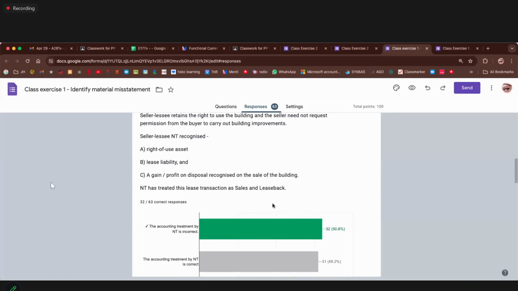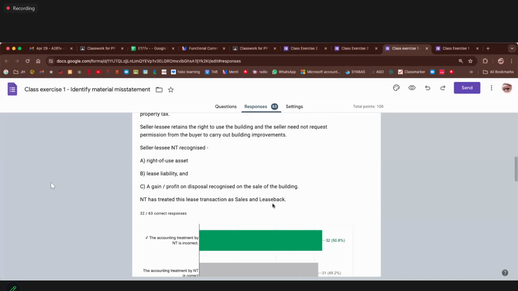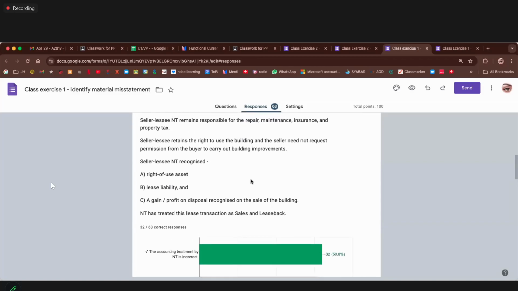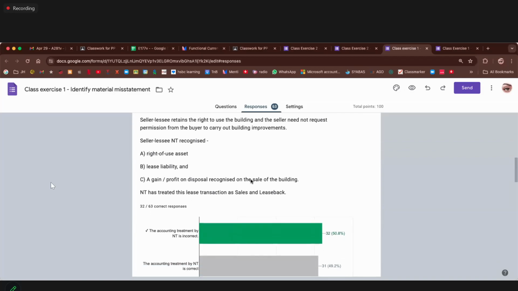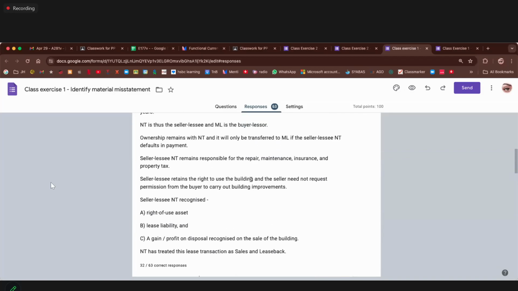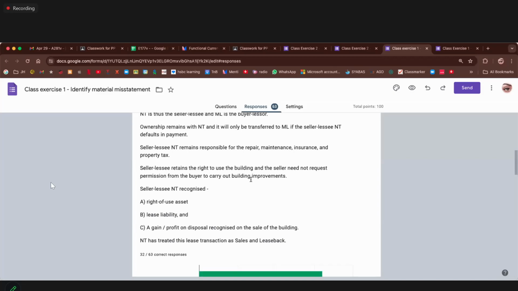It looks more like a loan with collateral, and you need to support your argument with the facts that you can find in the case study. Usually this is a question where they ask you to evaluate, and you need to support your decision. Like I said, I'm using this question just to showcase how the exam question may be asked in testing risk of material misstatement.